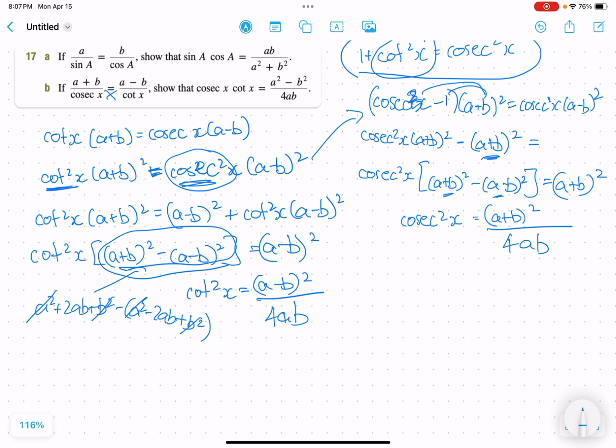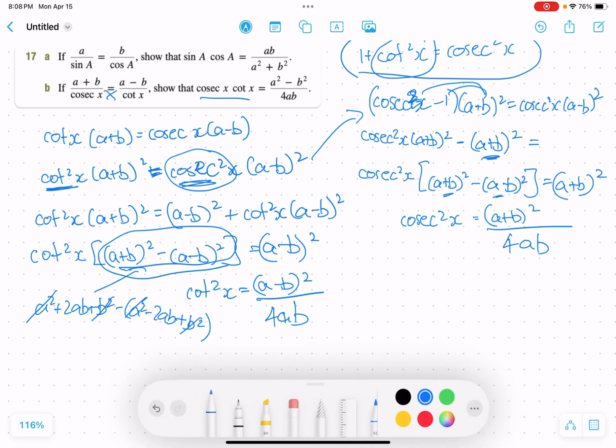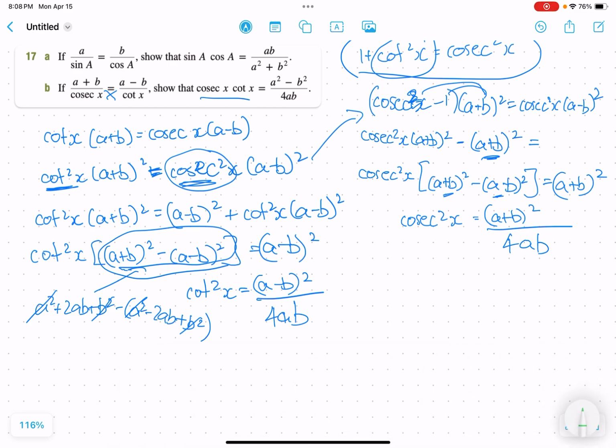All right, so now I want cosec times cot. So we'll start with cosec squared times cot squared. So cosec squared x times cot squared x is a plus b all squared on 4ab, timesing by this one, so a minus b squared on 4ab.